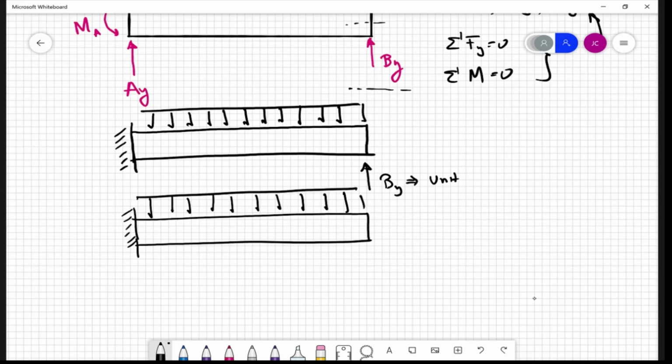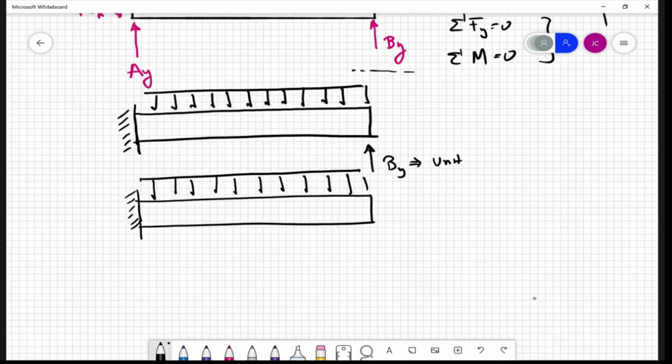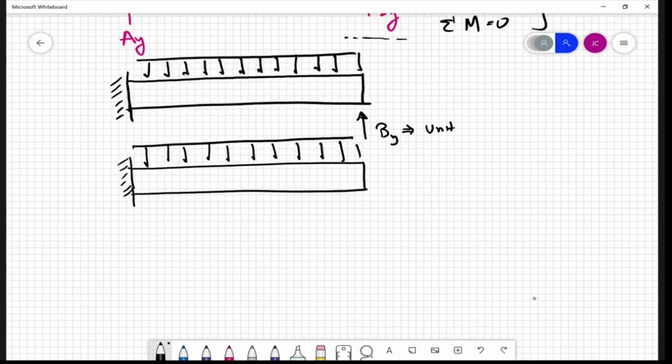So we have that problem, which is no longer statically indeterminate and actually has a solution by the beam table. And we're going to superimpose onto it the following case. So we're going to consider the superposition of these 2 cases here.